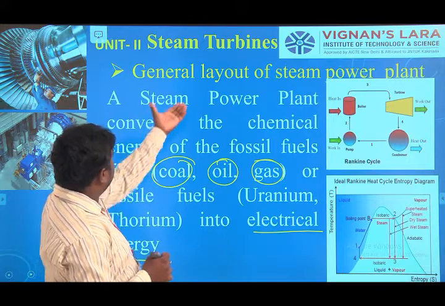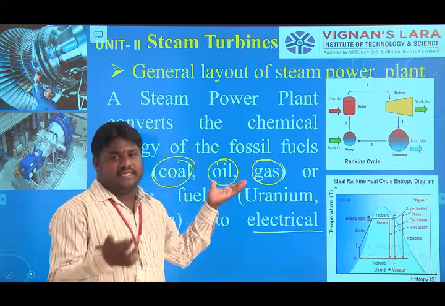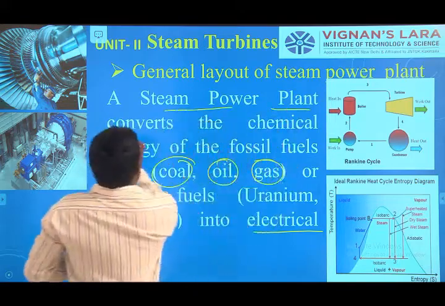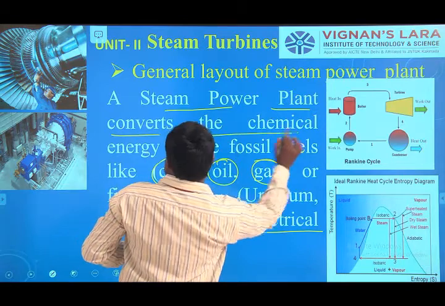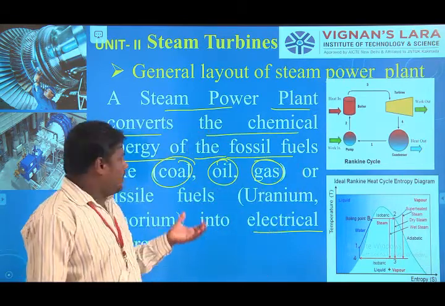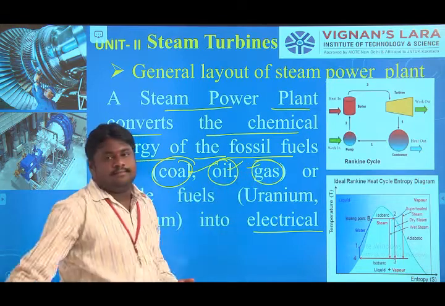So that is the general layout. The steam power plant converts the chemical energy of fossil fuels like oil, coal, gases.